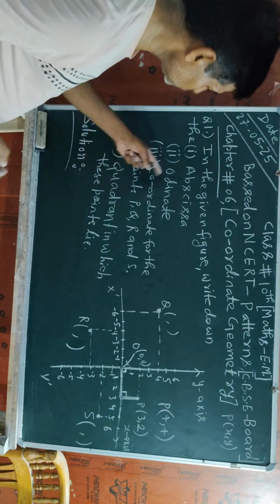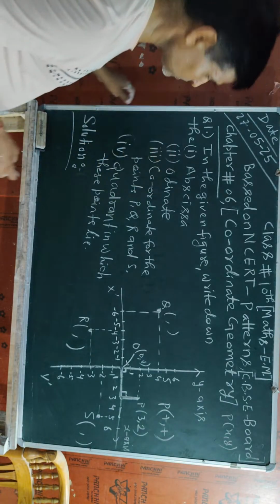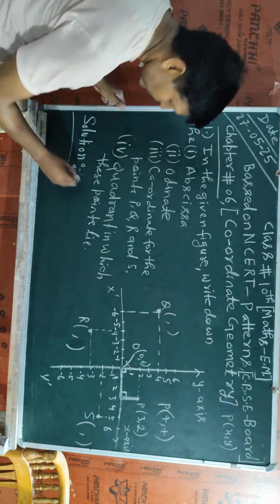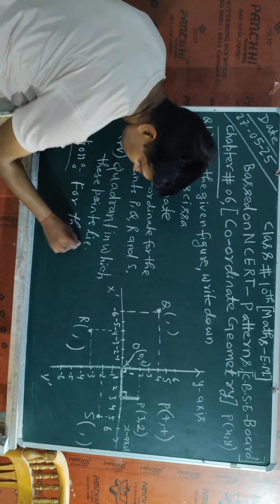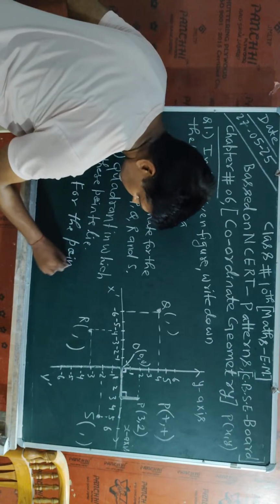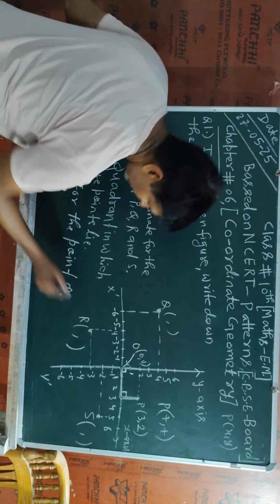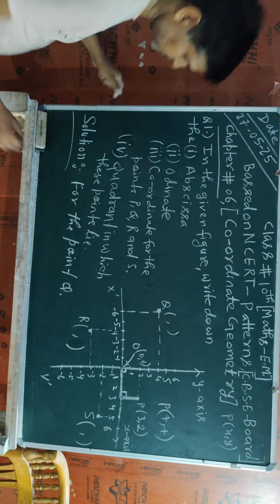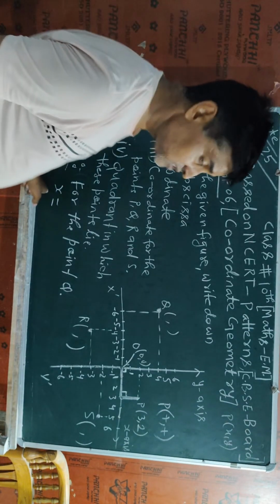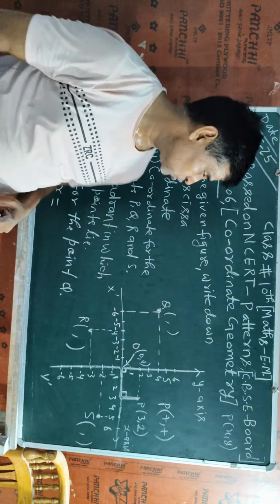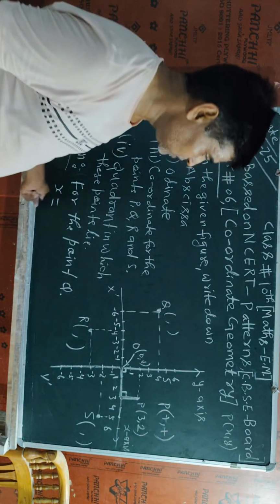Now I am going to solve for the point Q. For the point Q, I have to write what the abscissa value will be. Here I will say abscissa is also denoted by x, so I will say what will be the value of x.